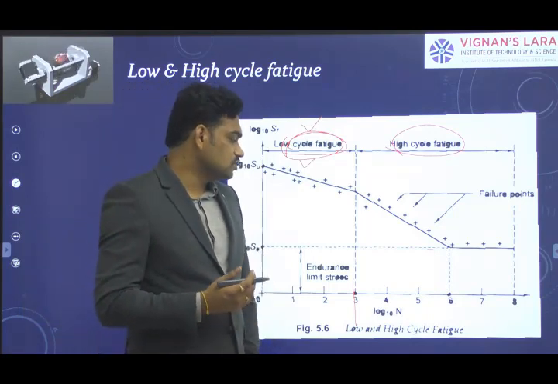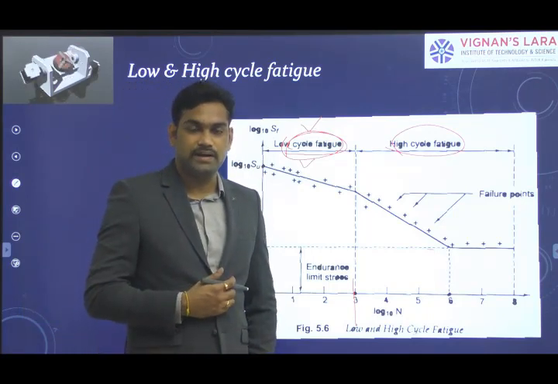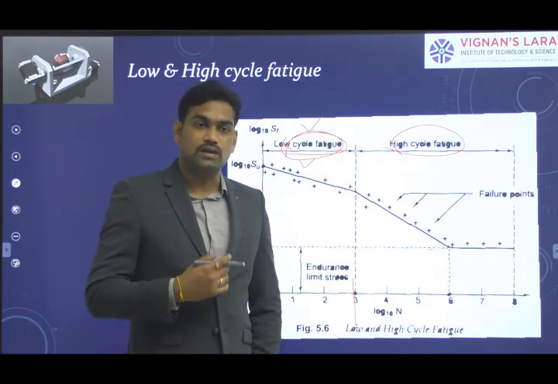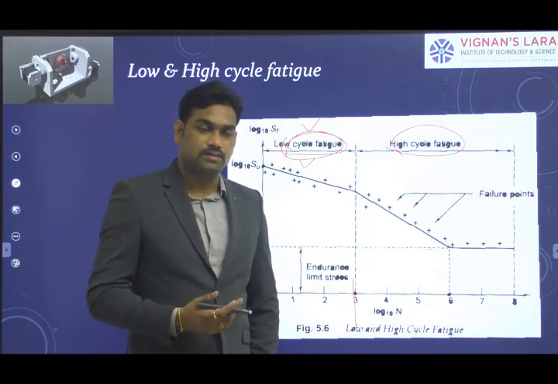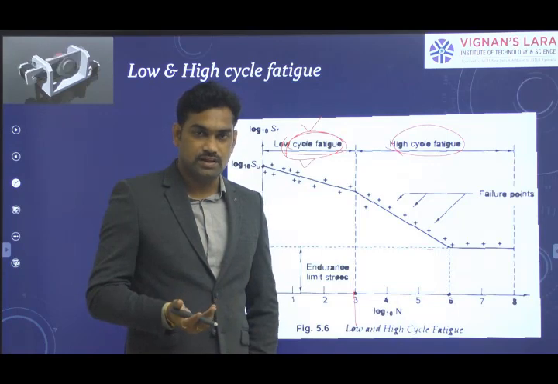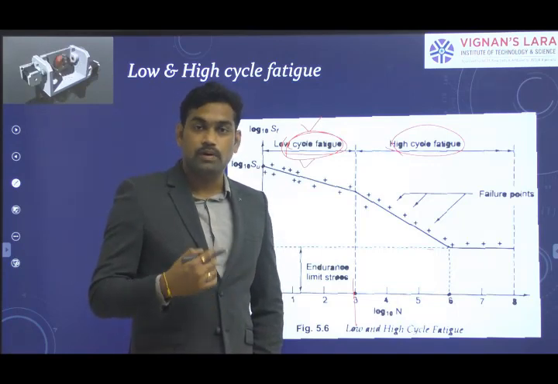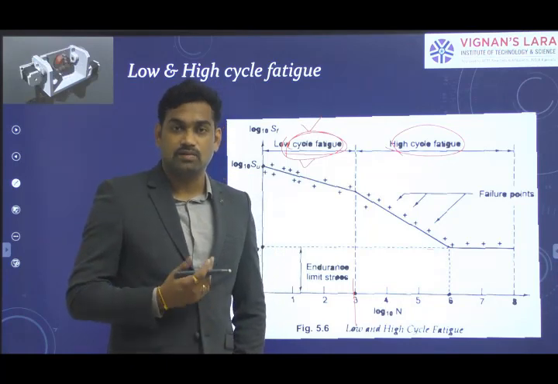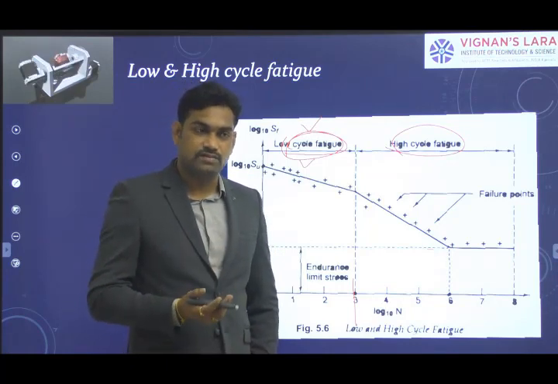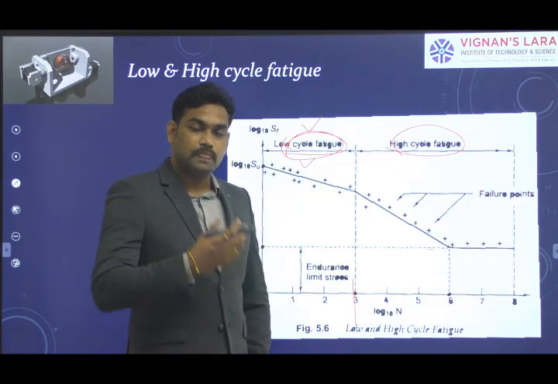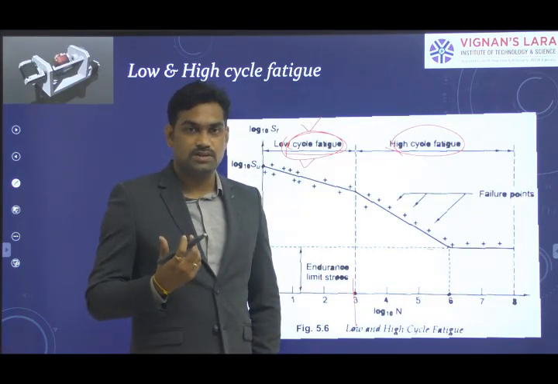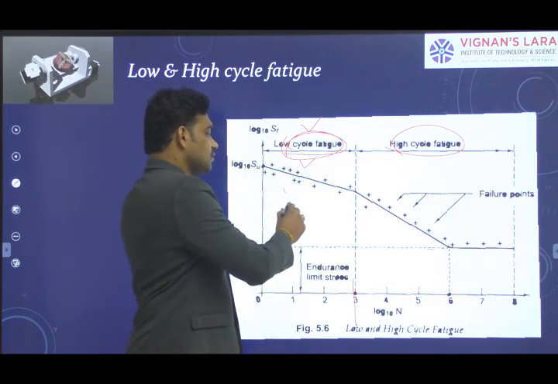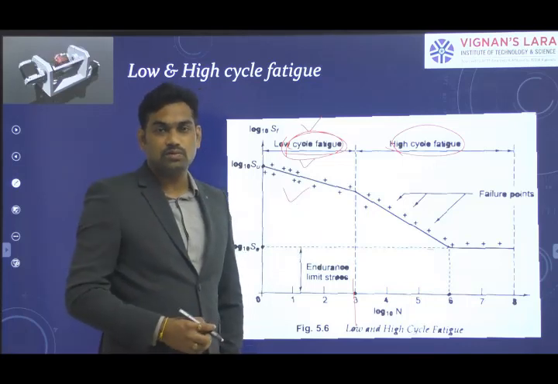For these there is no specific design criteria to be applied. Instead we can apply the standard static load condition theories with proper selection of the factor of safety. That is, you can provide a greater factor of safety in the static loading design procedures so that you can design these machine components subject to low cycle fatigue.